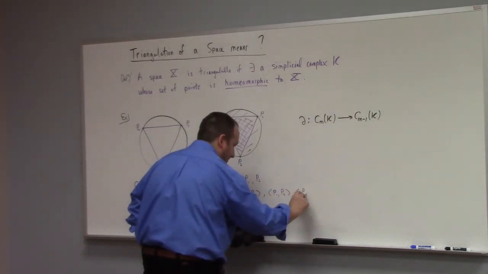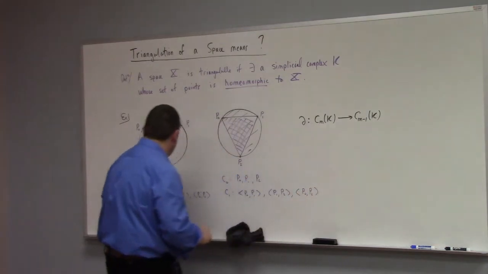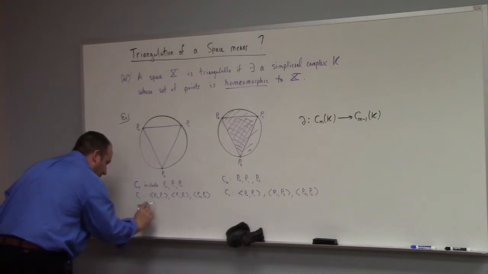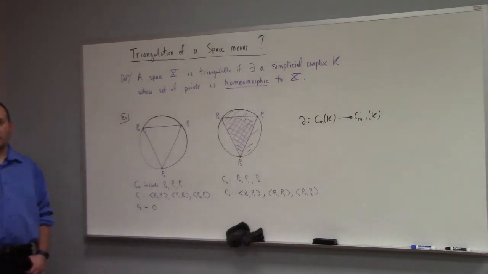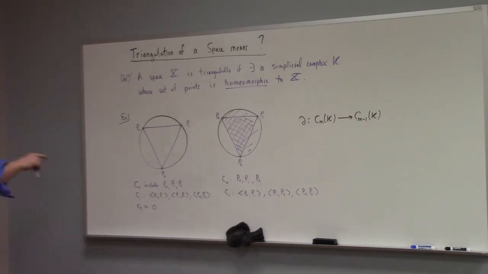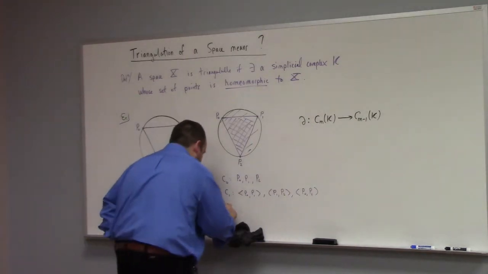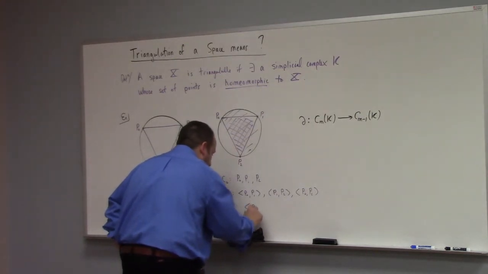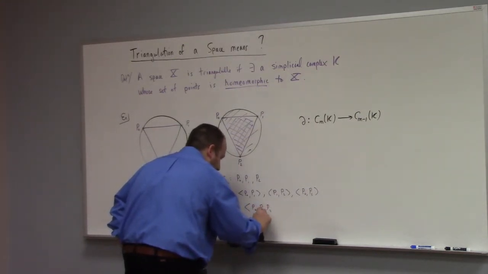Over here is where it gets interesting. C2 is 0 for the circle, since there is no two simplex in the triangulation of a circle. Over here, C2 has the P0, P1, P2.